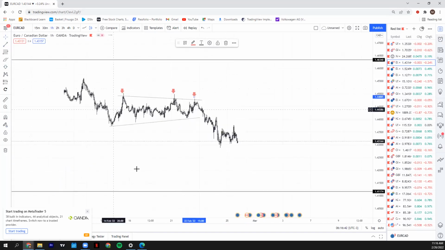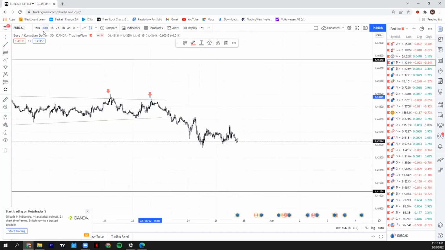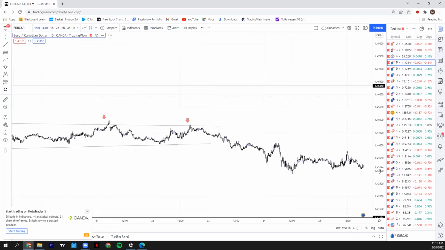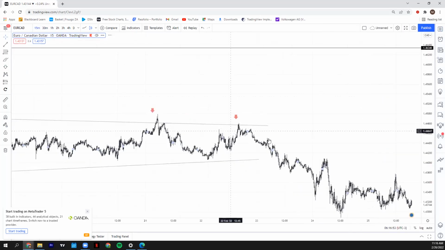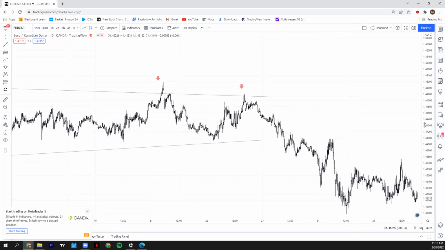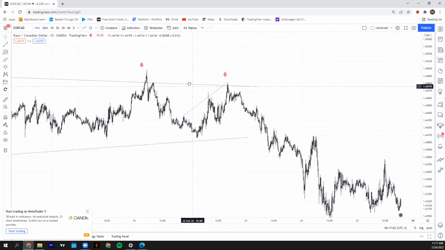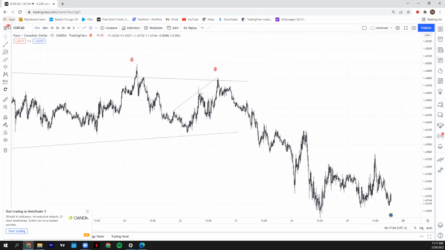And let us check how it got to the third point. So I'm gonna go to the 15-minute time frame so we could look at it properly. And as you can see, we had this nice ascending structure.